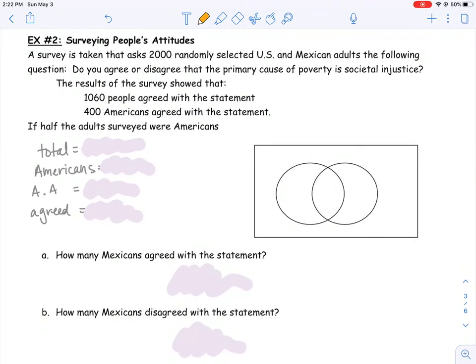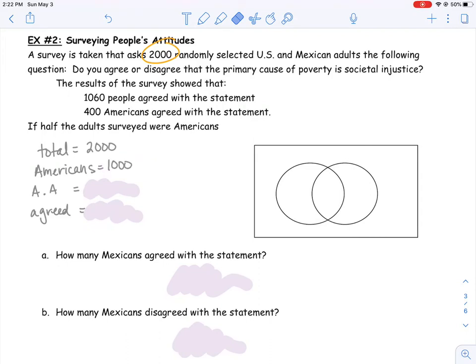Now, what I'd like us to do is take this information and first make a Venn diagram, and then we can answer the questions more easily using that picture. So I went through and I listed the information that they gave us. We know that there was a total of how many people? Yeah, 2,000, right? Because that's what it said here in the problem. All right, how many of those were Americans?